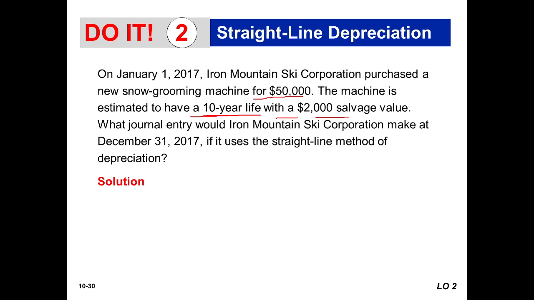What journal entry would Iron Mountain Ski Corporation make at December 31st, 2017, if it uses the straight line method of depreciation? This is January, this is December. For 1 year, we need to pass a journal entry.